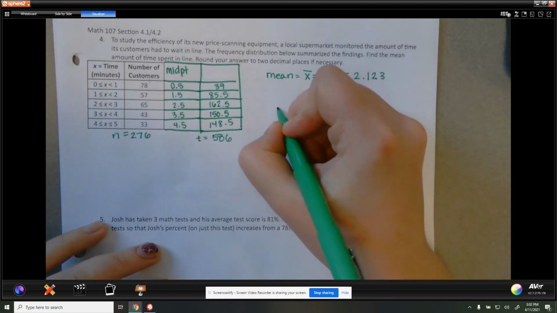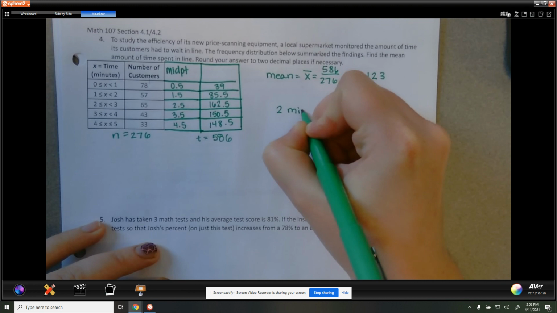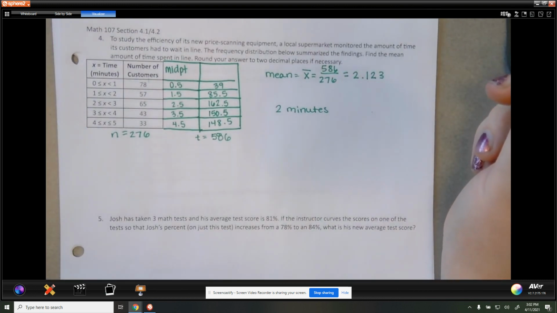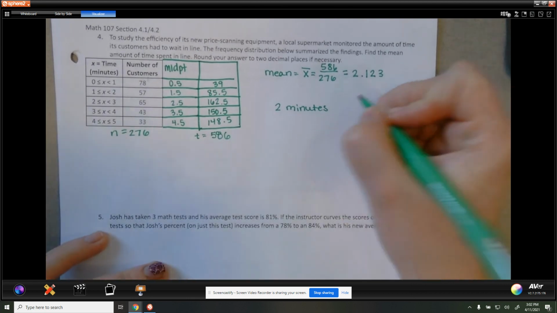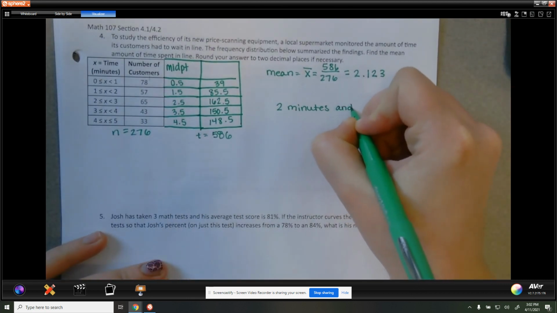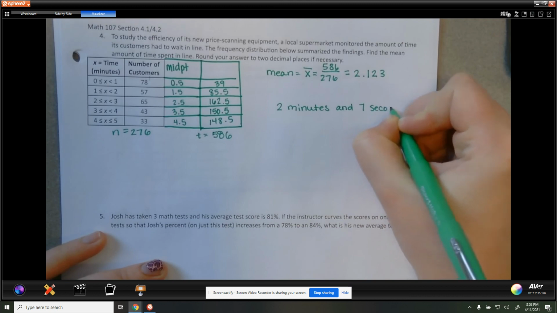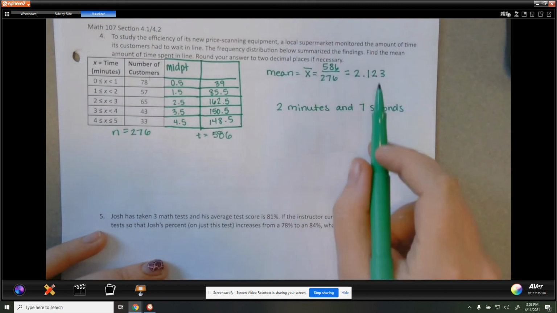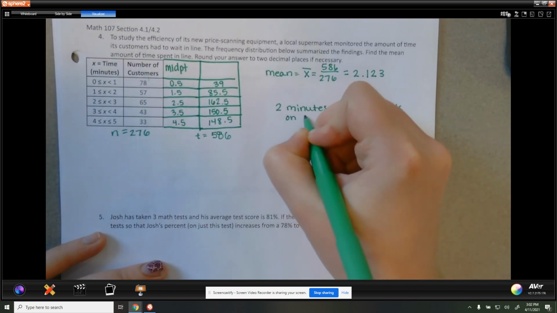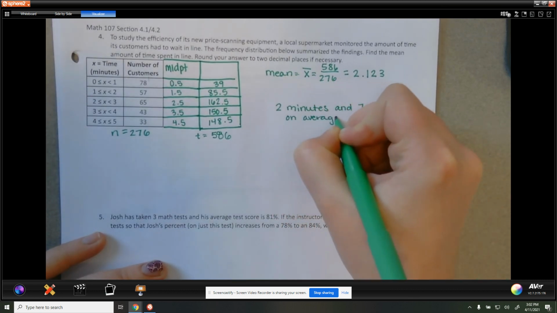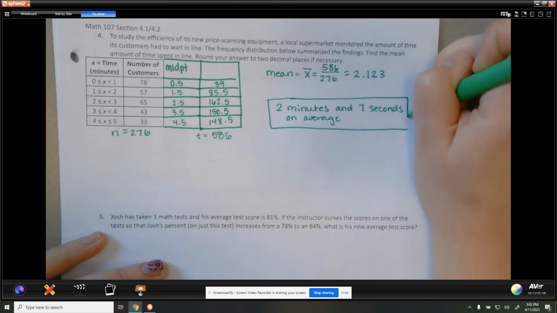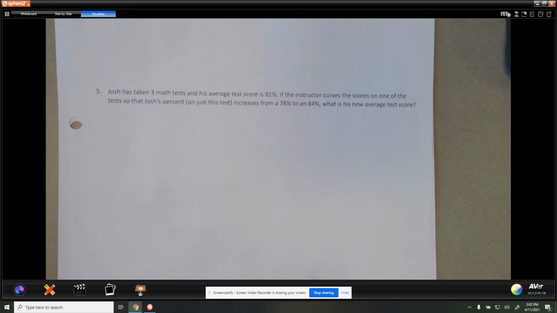We've got 2 minutes for sure, and then 0.12 times 60 seconds, about 7 seconds. On average. So people are waiting about 2 minutes on average in line, which is not terrible, right? There we go.